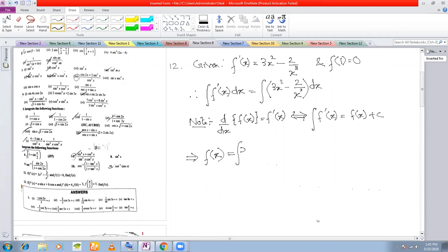Now I'll integrate the right hand side. I'll get integration of 3x square dx minus integration of 2 by x cube dx. So this is thrice integration of x square dx minus twice integration of dx by x cube.